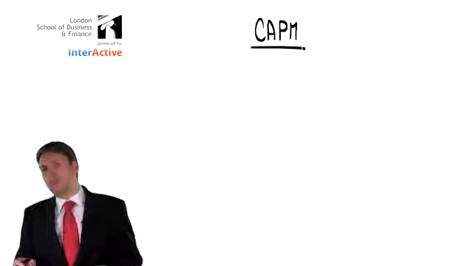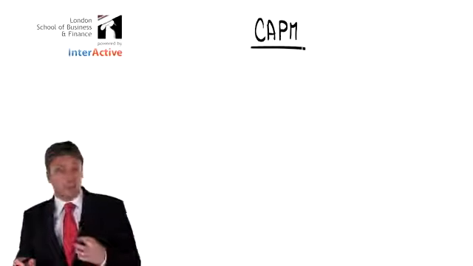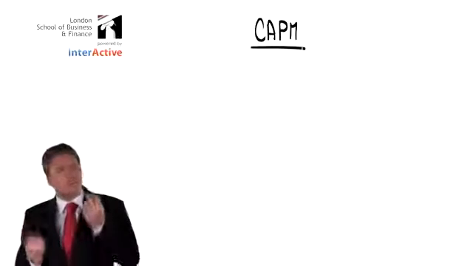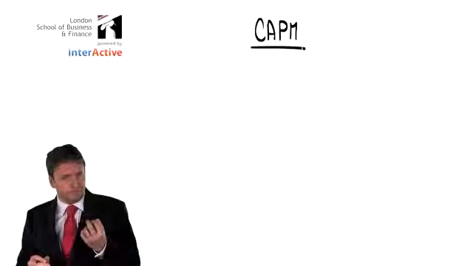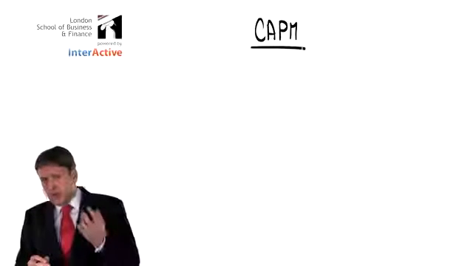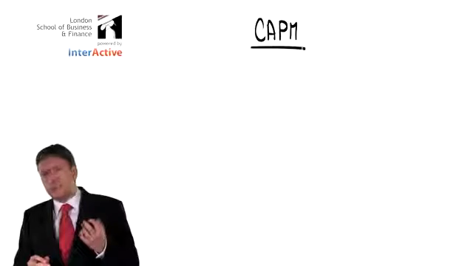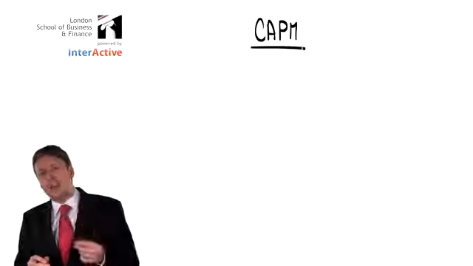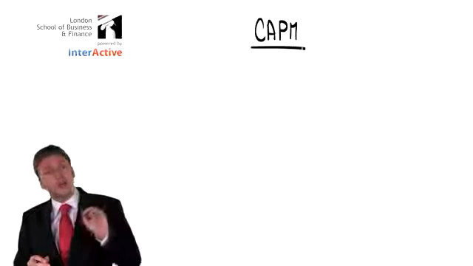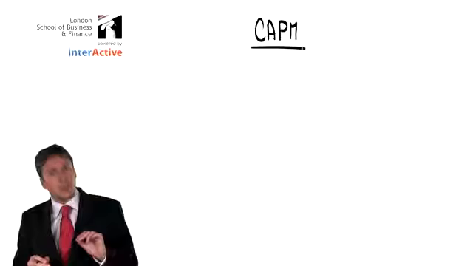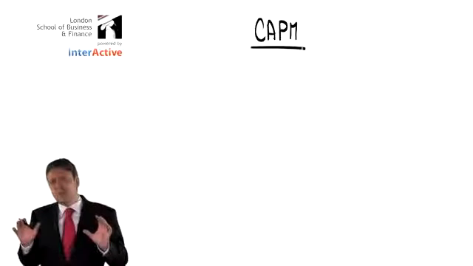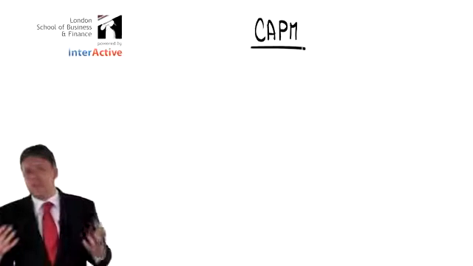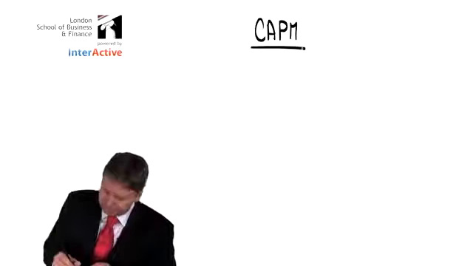We know that there is a relationship between risk and return, and therefore we can use this relationship of risk and return to value a share. The great thing about this is that we can set up a very simple model that allows us to value any share providing we know the relative degree of risk. So before we get into any detail, because there is quite a lot of background associated with CAPM, that's the one thing I want to focus on.